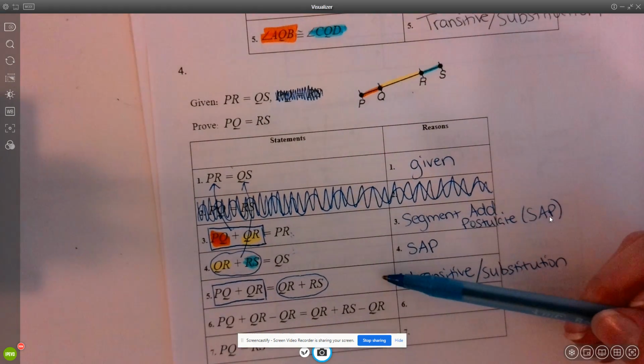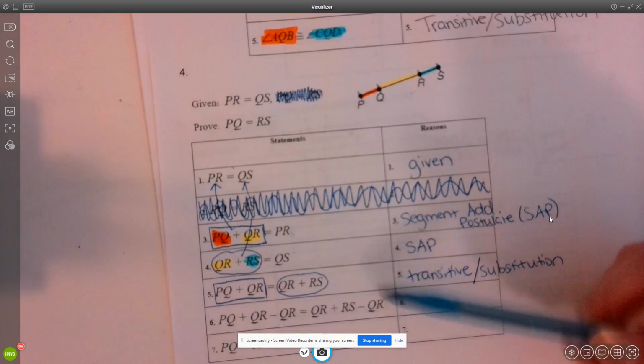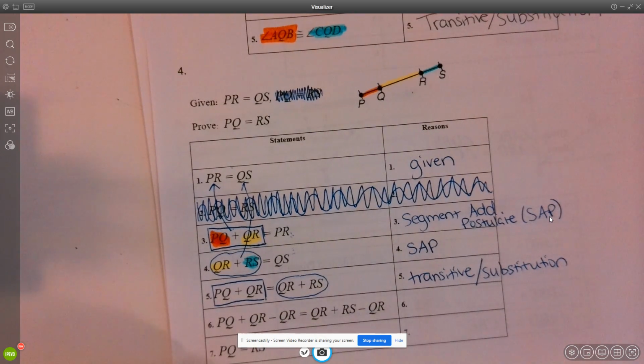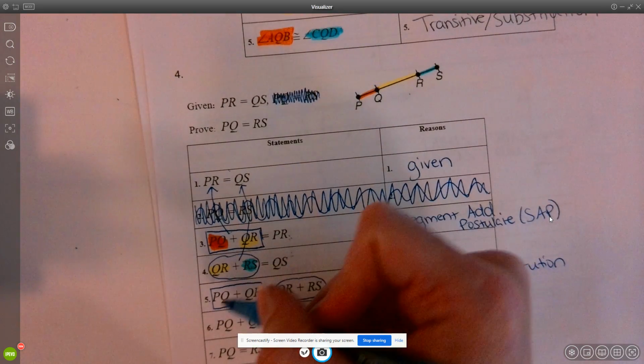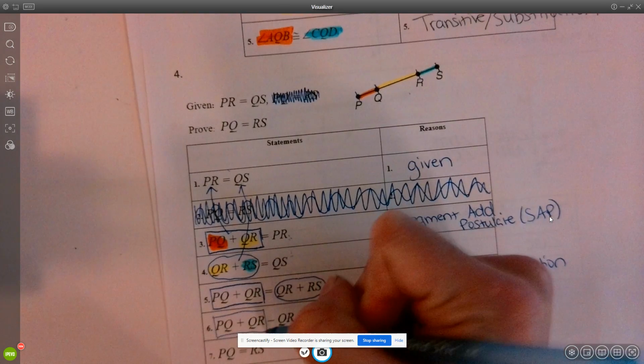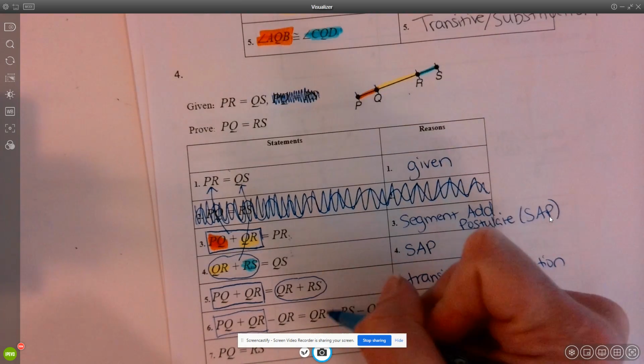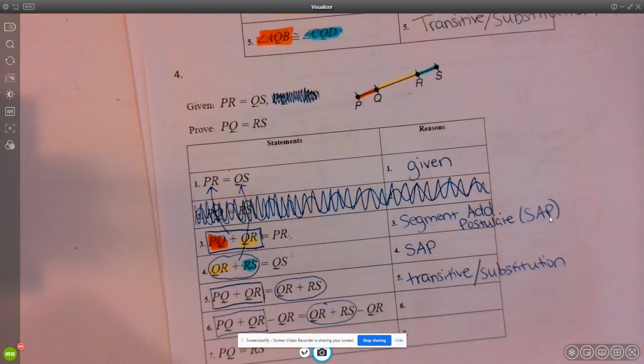All right, so now we're looking from step 5 to step 6. What's happening here? What I notice is that I have part of this equation from statement 5 already. Notice I've got the PQ plus QR on this side, and I've got the QR plus RS.